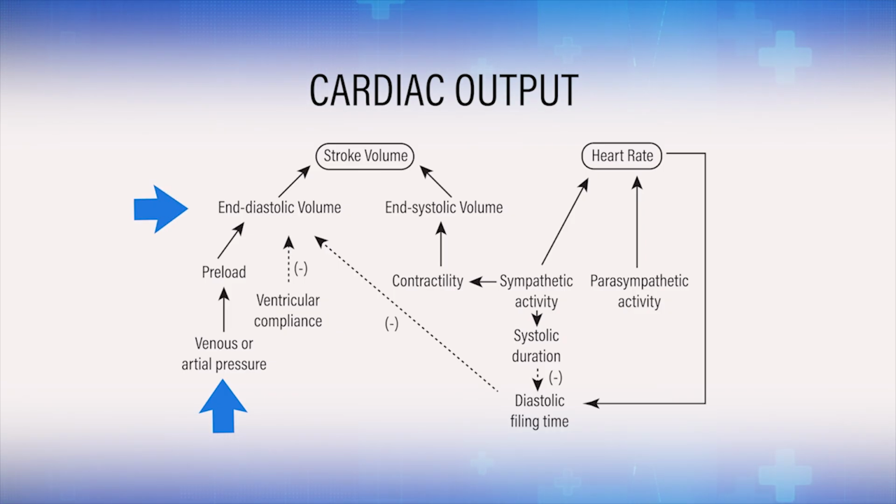Okay? This comes back to what we'll talk about in the next small section, Frank Starling's law. Because if I increase the preload, the more blood I push into the heart, the more that stretches the heart.